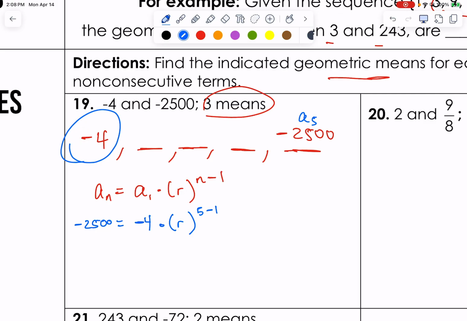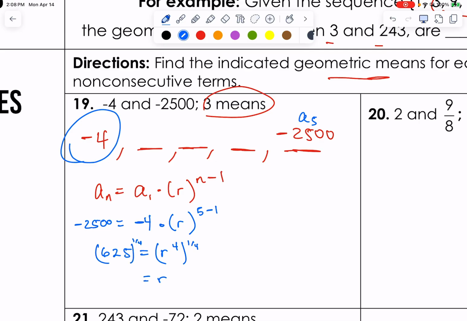Divide by negative 4. What's negative 2,500 divided by negative 4? 625 is equal to r to the fourth power. How can I undo r to the fourth power? I can take the fourth root, or I can raise it to the 1/4 power. I actually like doing it to the 1/4 power.